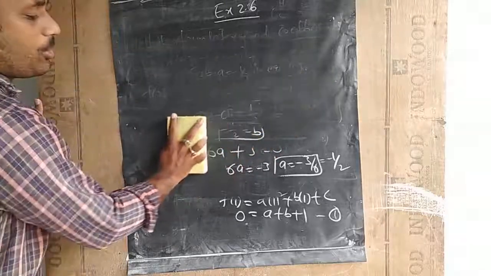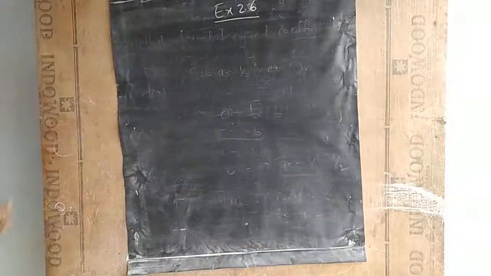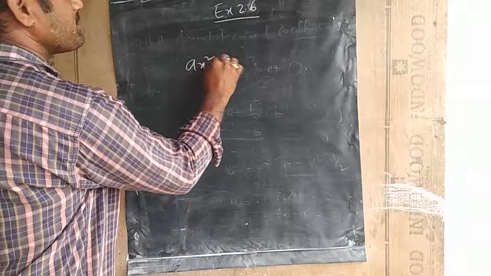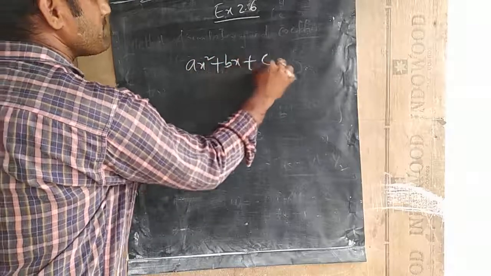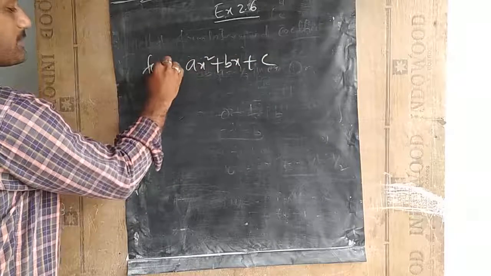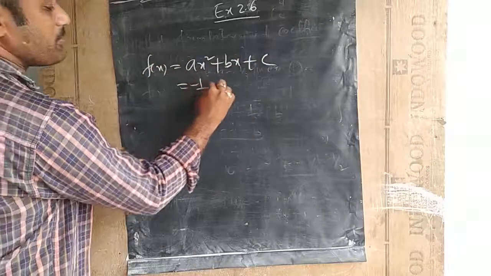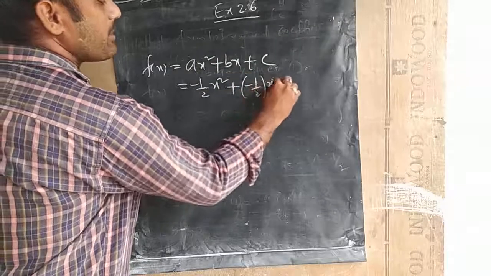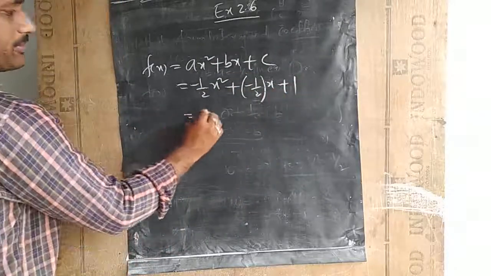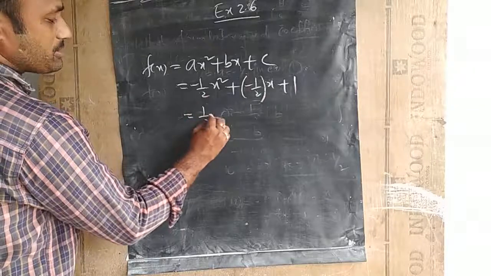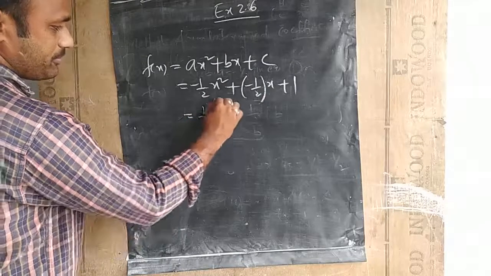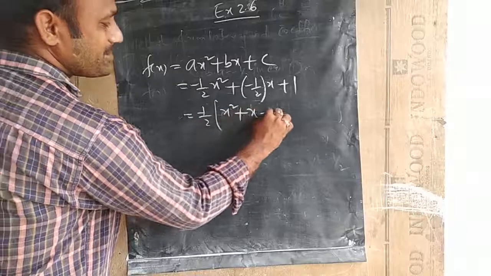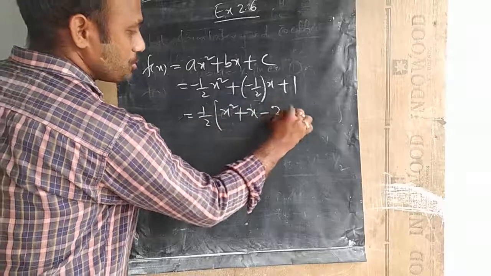Now let us write all these values in our quadratic polynomial. Our standard form is ax square plus bx plus c. F of x is equal to minus 1 by 2 x square plus minus 1 by 2 x plus 1. So we can take minus 1 by 2 as common, and it becomes x square plus x minus 2.